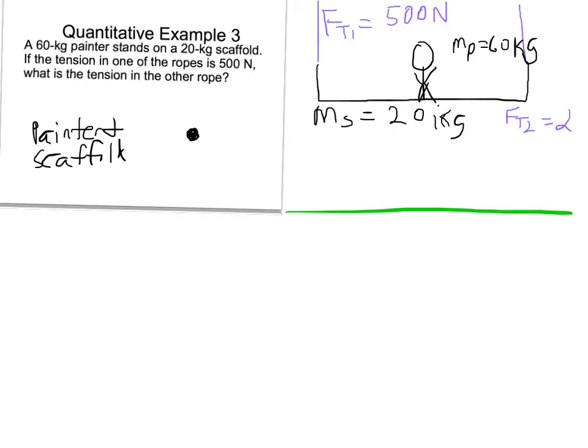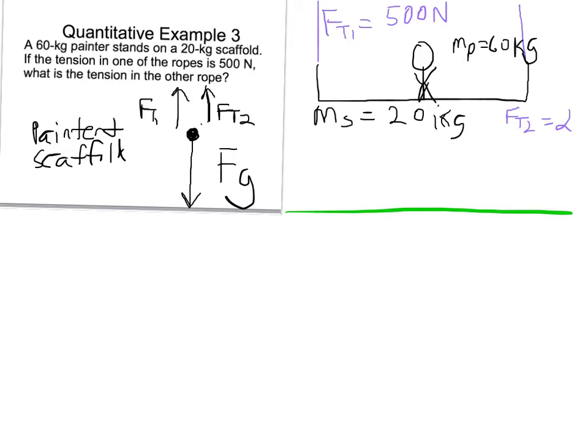Alright, the painter and the scaffold together have gravity pulling down on them, so there's a force of gravity. And there are two ropes, each with a tension. And I'm going to draw these near the dot, just because it's hard to make them connect when you have more than one. But I have two tensions, FT1 and FT2.